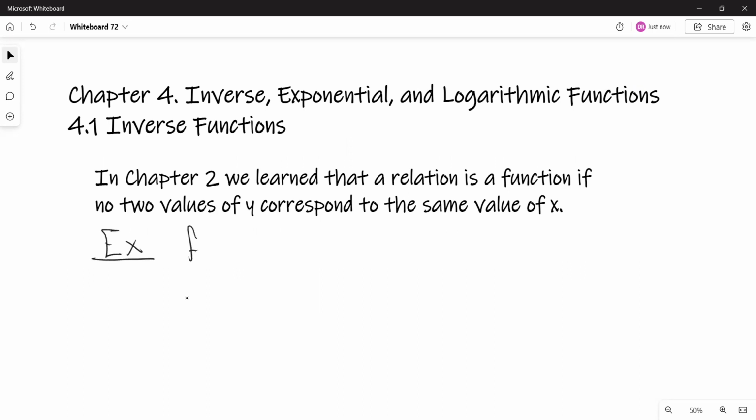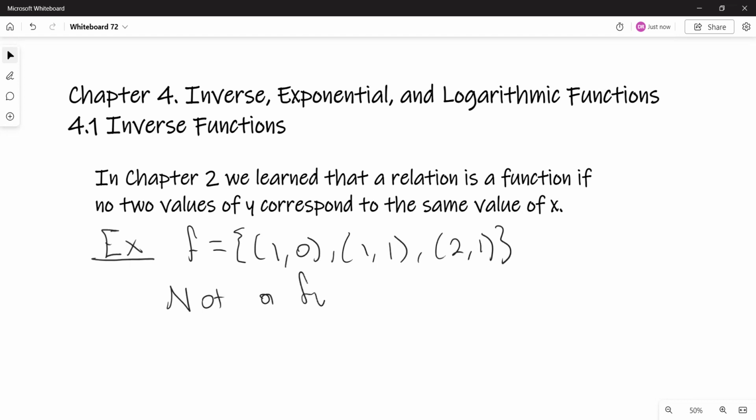So one example of something that is not a function is 1, 0, 1, 1, and 2, 1. This is not a function because you have the same x value associated with two different y values.